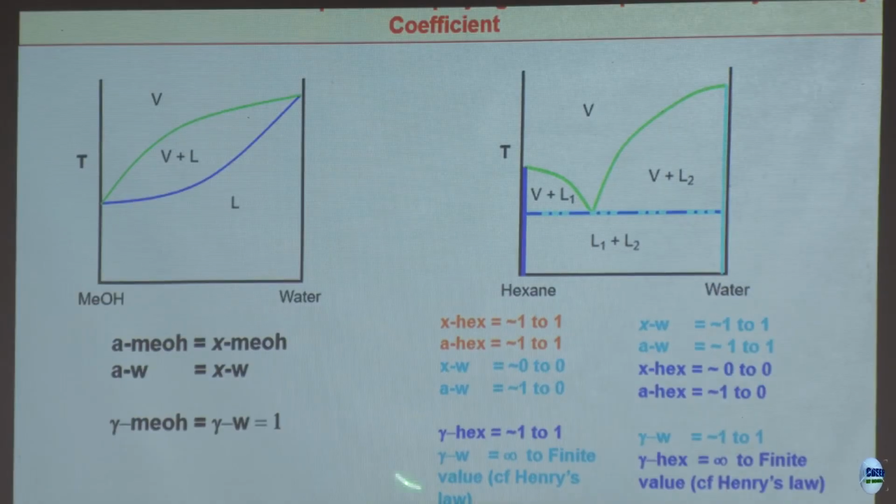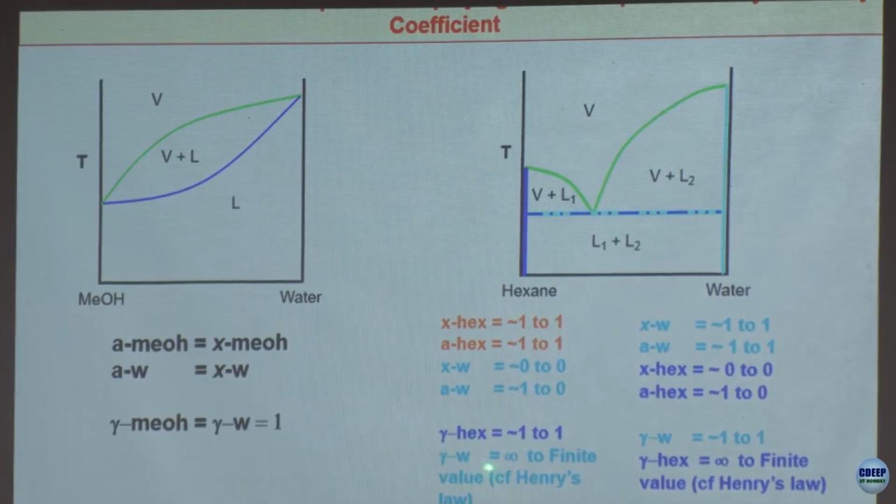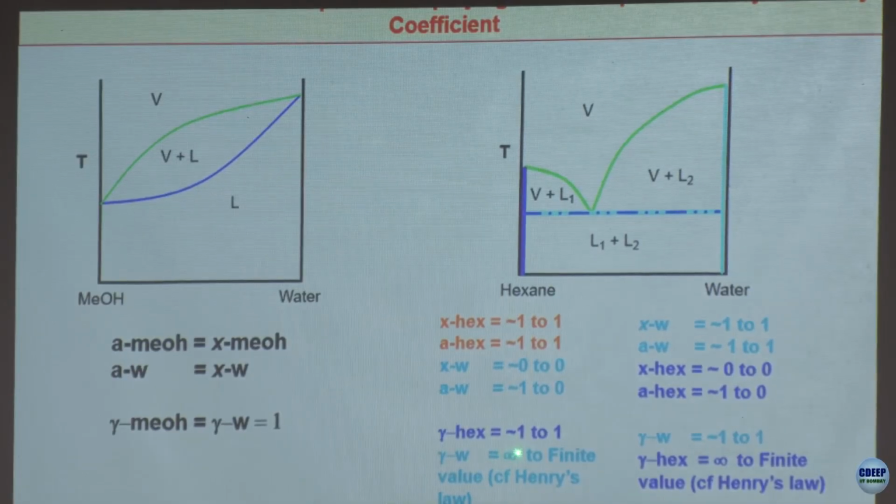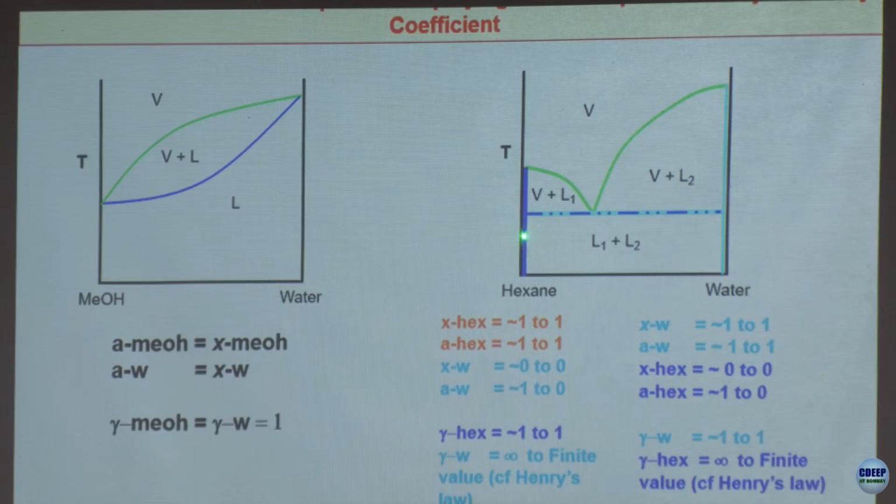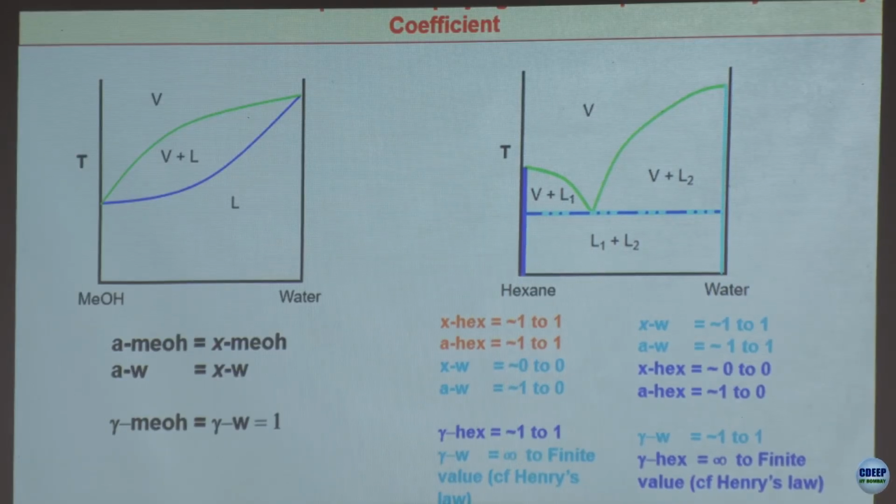Now what happens to the activity coefficient? The activity coefficient of hexane is nearly 1 all the time from here to here. The activity coefficient of water is infinity here, because concentration is 0, and multiplied by this infinity brings the product equal to 1.